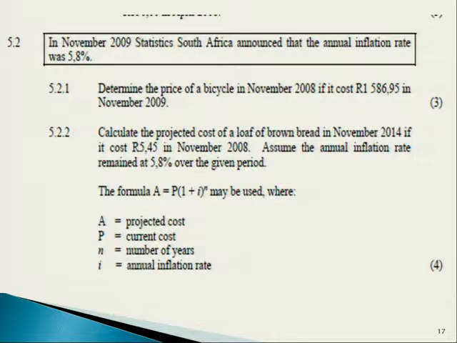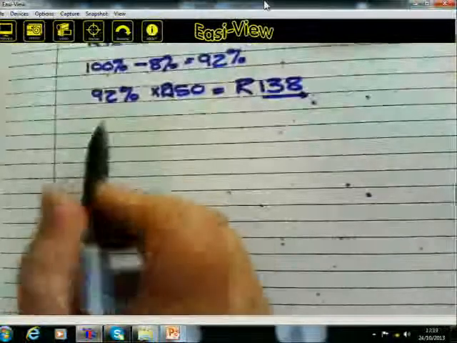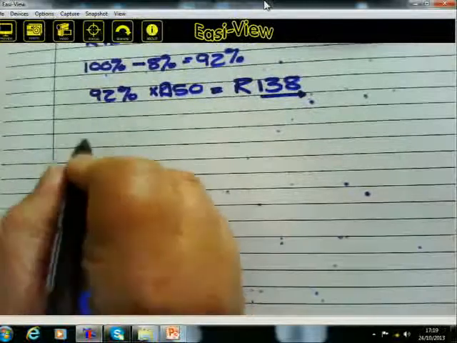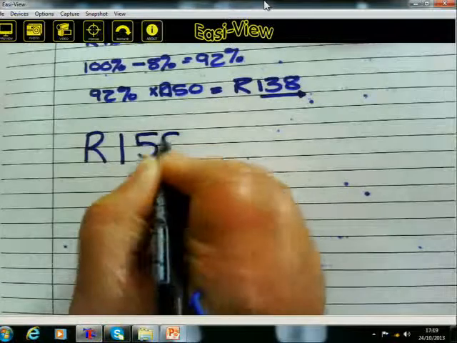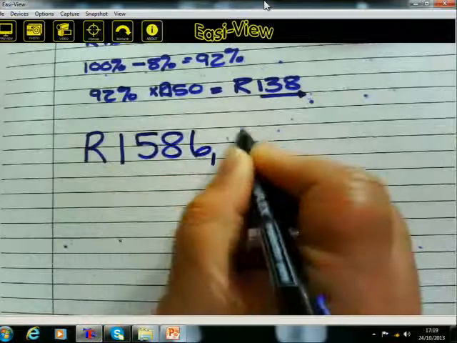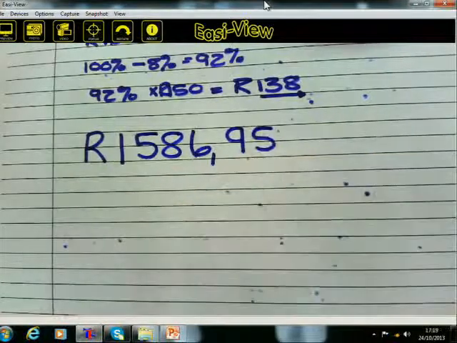This price of R1,586.95 is the big fat inflated price. So how are we going to do this? Let me show you. Right. Let's start with our big inflated price. I'm actually going to write it big so that you can remember that this price is already the inflated price.